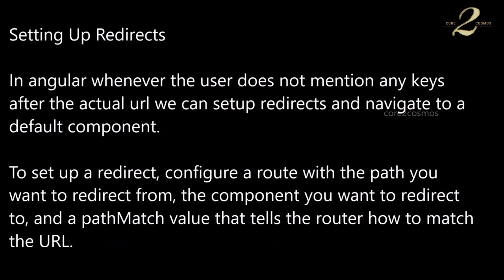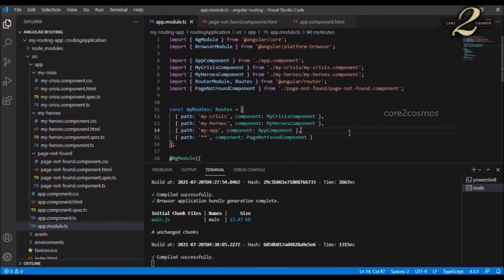Setting up redirects. In Angular, whenever the user does not mention any keys after the actual URL, we can set up redirects and navigate to a default component. To set up a redirect, configure a route with the path you want to redirect from, the component you want to redirect to, and a pathMatch value that tells the router how to match the URL. Let us now edit the app.module.ts file.